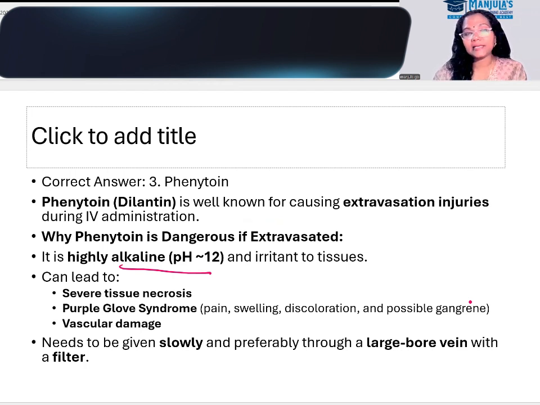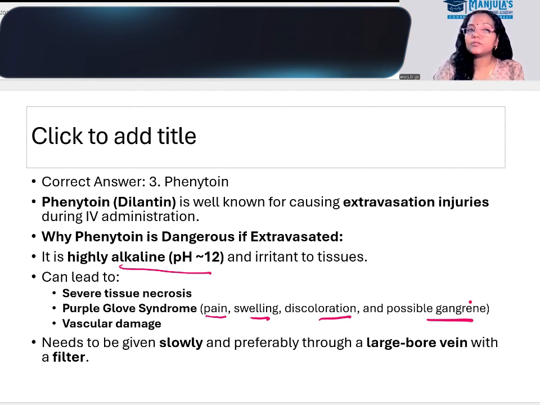So it's a highly alkaline solution, and it will cause irritation to the tissues. If it extravasates, if it comes out of the blood vessel into the tissue, there is severe tissue necrosis and it will lead to something known as purple glove syndrome. Purple glove syndrome means there is pain, swelling, discoloration, and possible gangrene.